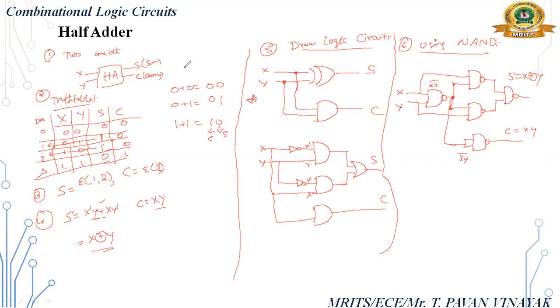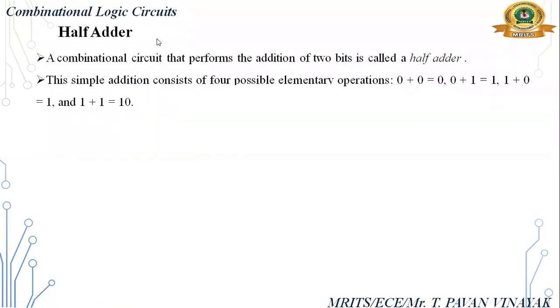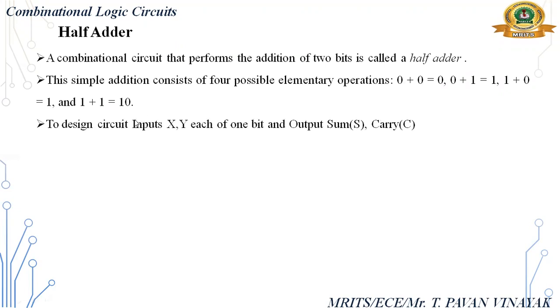Okay, once again I'm saying, listen carefully. Half adder means 2 single-bit addition. We have 2 inputs of 1 bit each, and sum and carry.